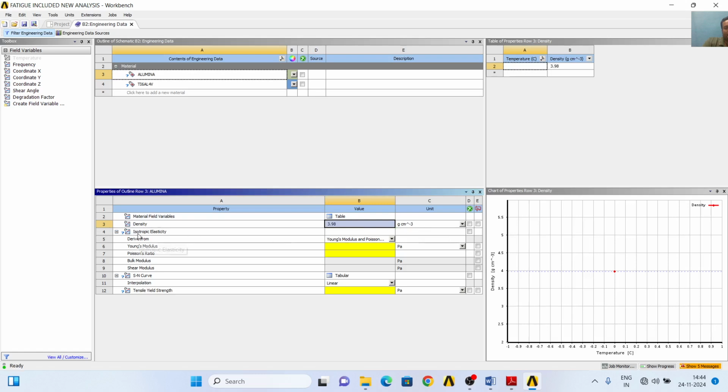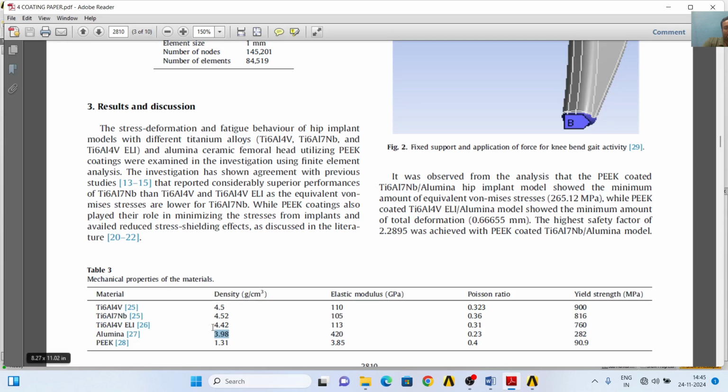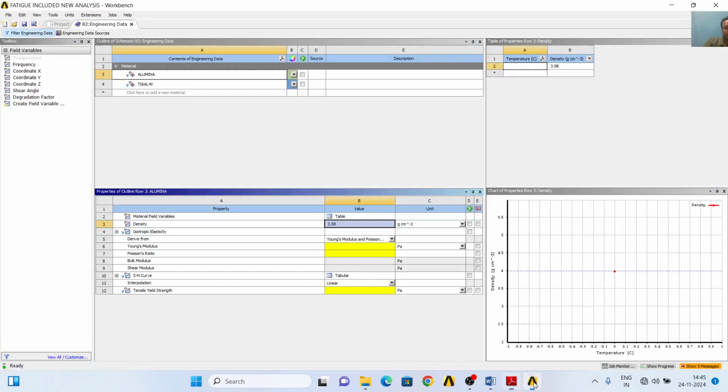I will define isotropic elasticity on the basis of Young modulus and Poisson ratio. Alumina's Young modulus is 420 gigapascal. I will change its unit to megapascal.